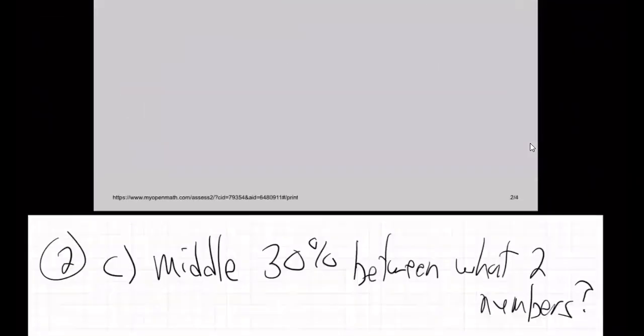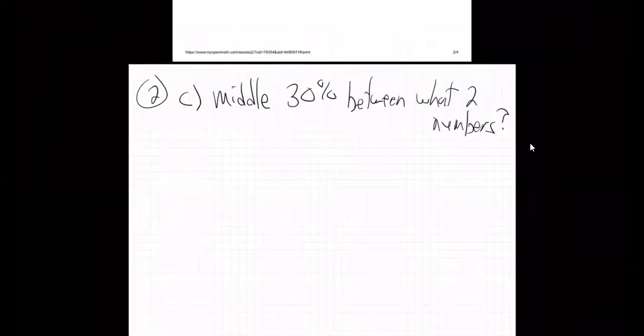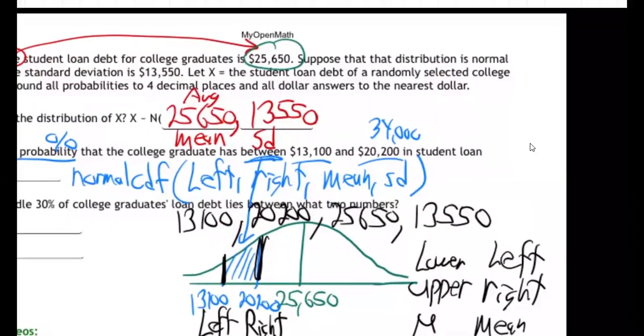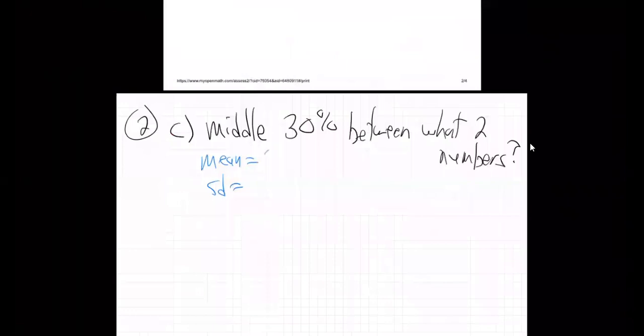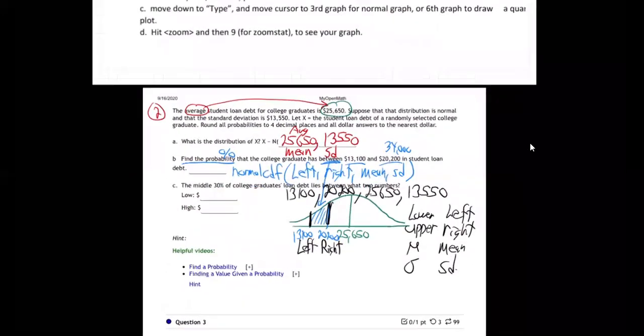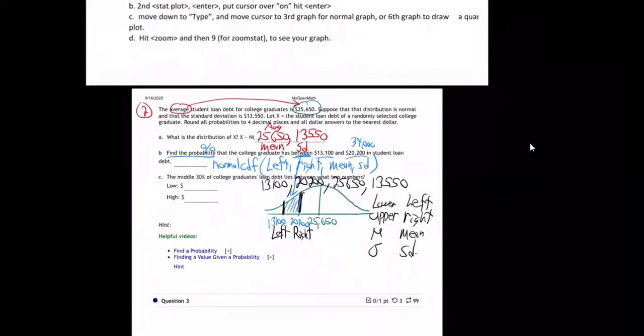Well, here, let me draw the bell curve again and give the mean and the standard deviation. What was the mean? 25,650 for mine. And the standard deviation, 13,550.